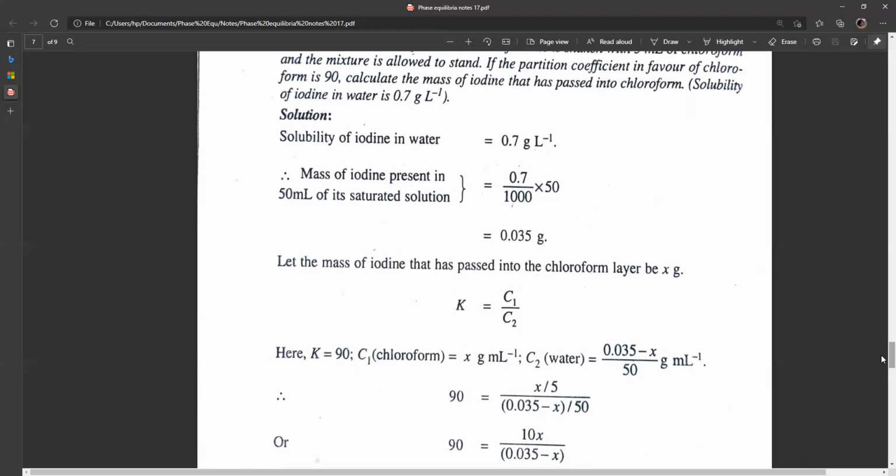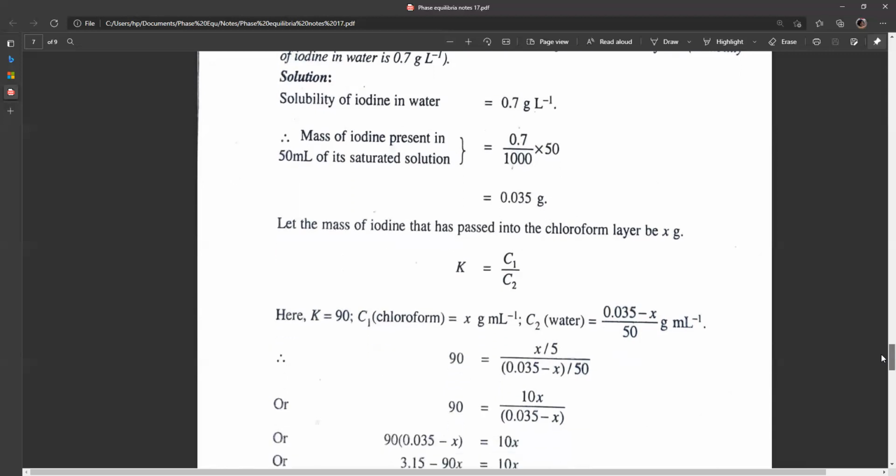K is equal to C1 by C2. K is equal to 90. C1 is x gram per 5 ml, and C2, that is in water, is 0.035 minus x. How much goes to the chloroform C1, we don't know. So (0.035 minus x) by 50 goes into the water layer.